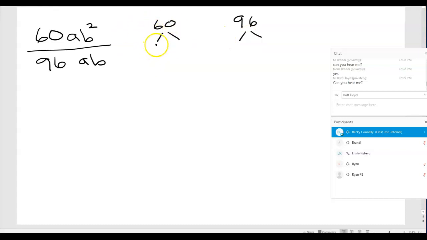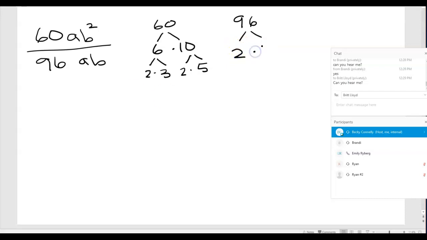So 60 could break down to be 6 times 10, right? And then 6 can break down to be 2 times 3, and 10 is 2 times 5. Okay, what about 96? Sometimes you can tell that it too will divide by 2 because it ends in an even number.